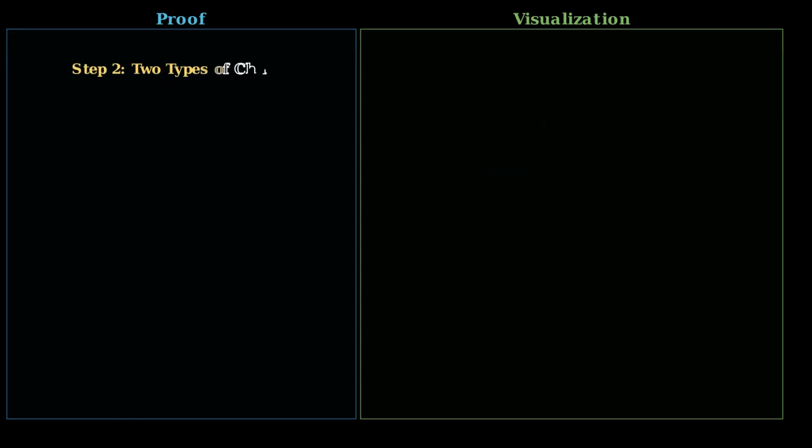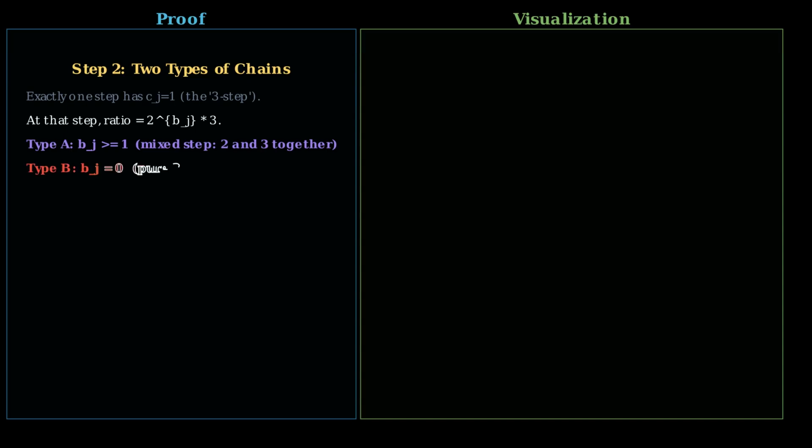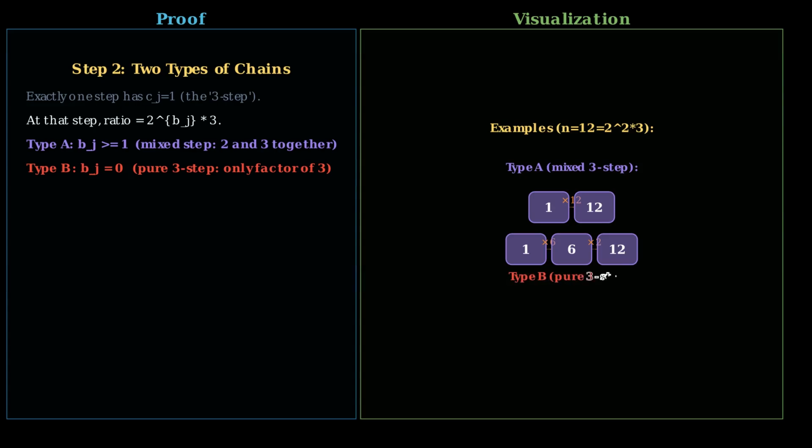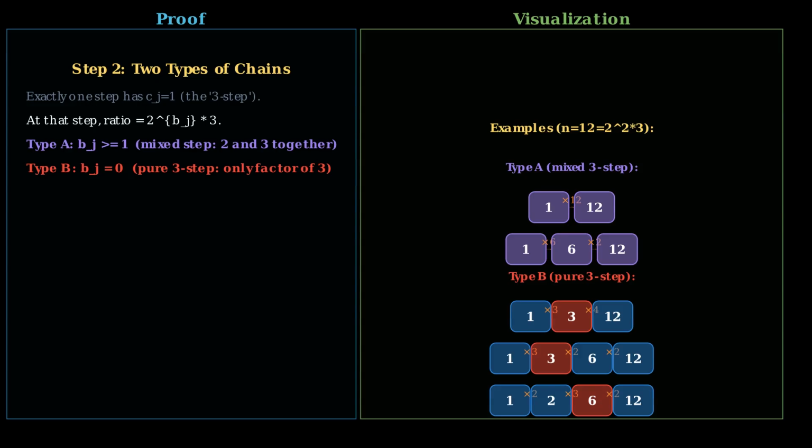Step 2. The single 3-step divides chains into two types. In any valid chain, exactly one step involves multiplying by 3. At that step, the ratio is 2^(b_j) times 3 for some j. This 3-step can occur in two different ways. Type A. The 3-step also involves a positive power of 2.